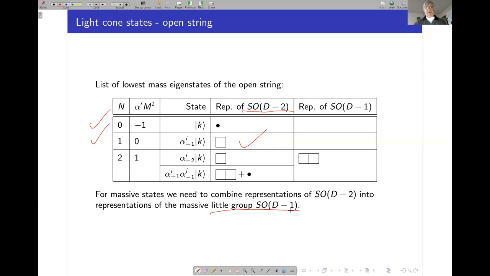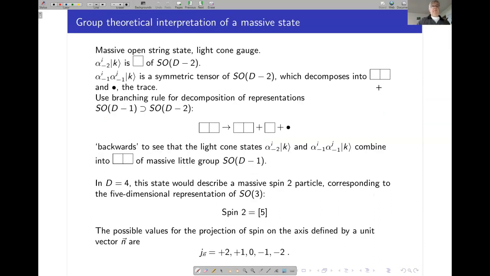So what we need to do, once we have written down these inequivalent physical states, is put them together into representations of the full rotation subgroup. But this we can do easily by using the branching rules that I explained last time backwards. The branching rule which suggests itself is to look at a symmetric traceless tensor of the full rotation group and reduce it with respect to the transverse rotation subgroup.